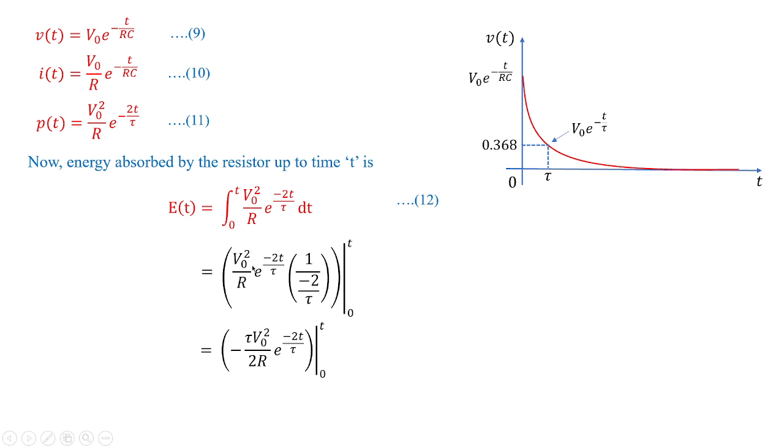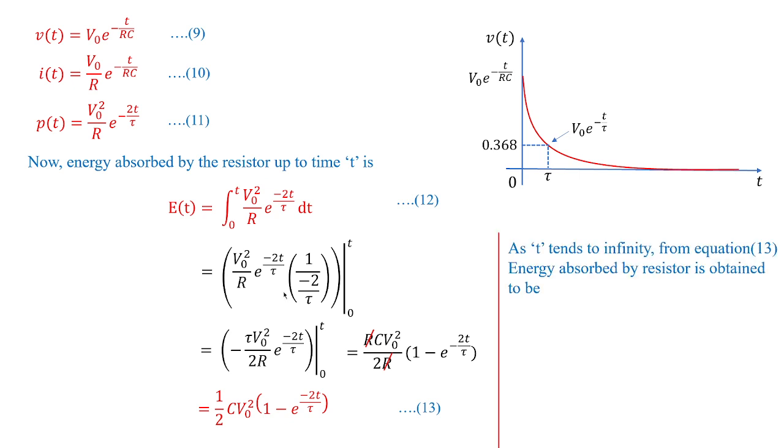When you substitute the upper limit and the lower limit, you are going to get the value of E of t, that is nothing but the energy absorbed by the resistor, which would be equivalent to half C V naught square of 1 minus e to the power of minus 2t by tau. So this is equation 13.